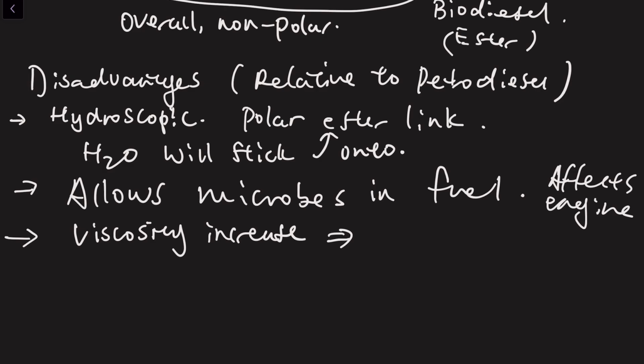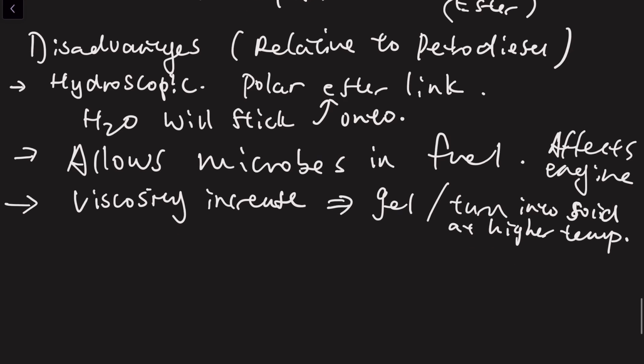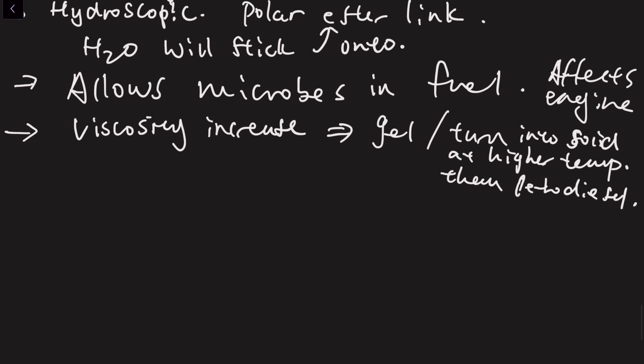So it can gel or turn into solid at higher temperatures than petrol diesel. So in cold climates, biodiesel is not really suitable, since when the fuel becomes a solid, you cannot combust it very easily in the car's engine.